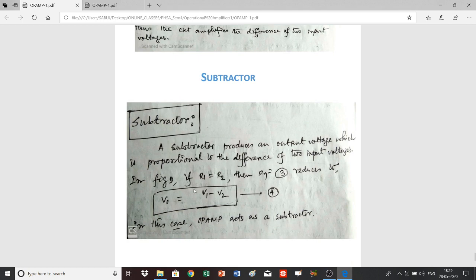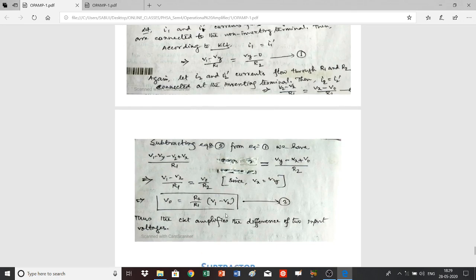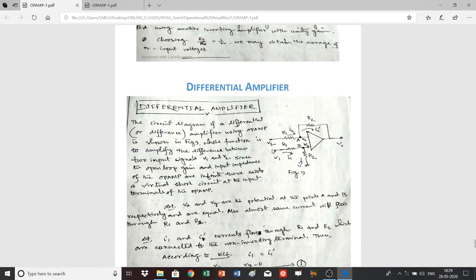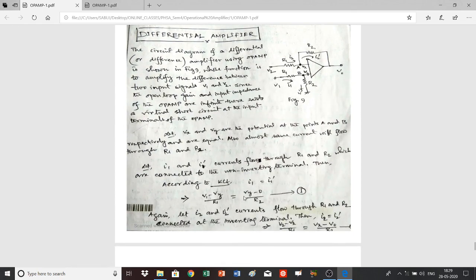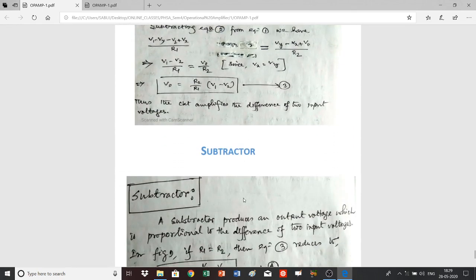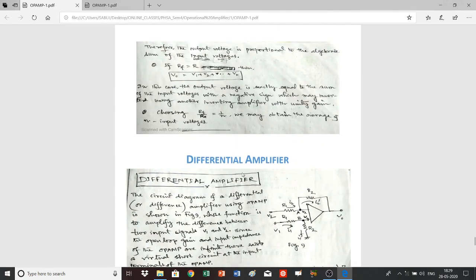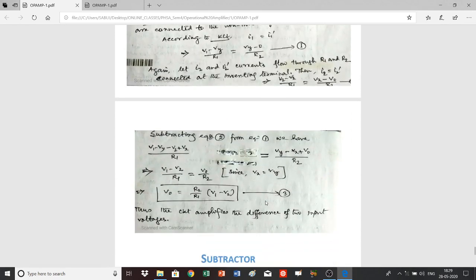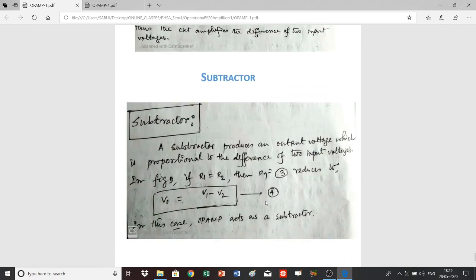This equation gives the difference between the voltages applied to the non-inverting and inverting terminals respectively, and in such a way a differential amplifier can act as a subtractor.